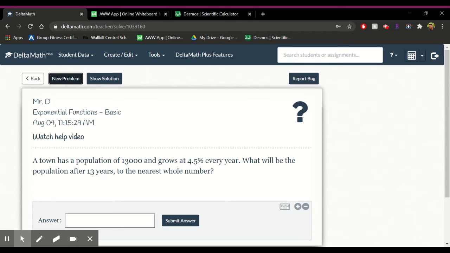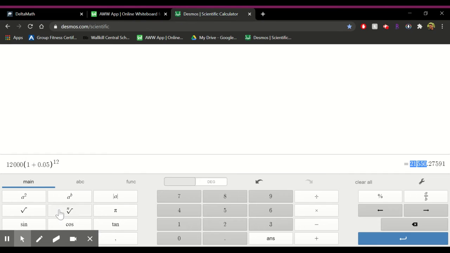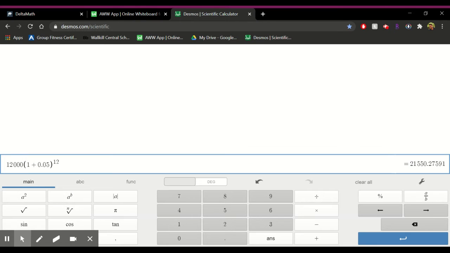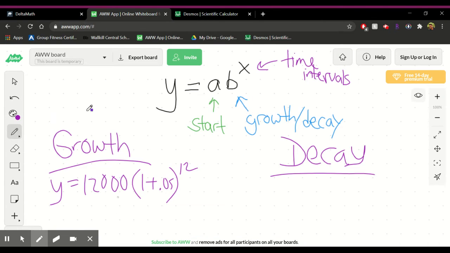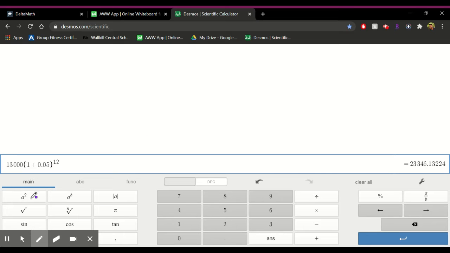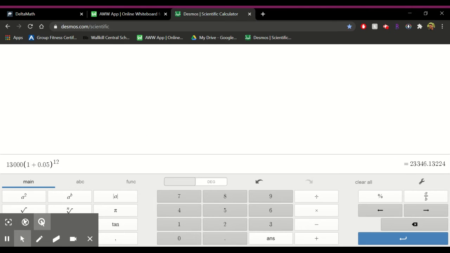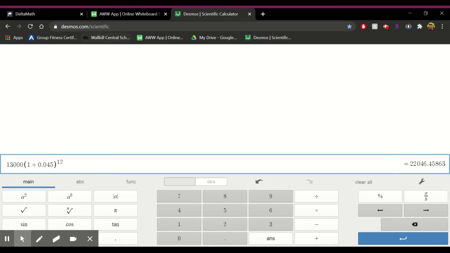4.5%. All right, so this one, again, we start off with 13,000. So the only difference is I'm going to change this to 13,000, and it is growing 4.5%. How do I write 4.5% as a decimal? Again, I move the decimal over 2 spots, so it's 0.045. So in my calculator, I'm going to put in 0.045, right?